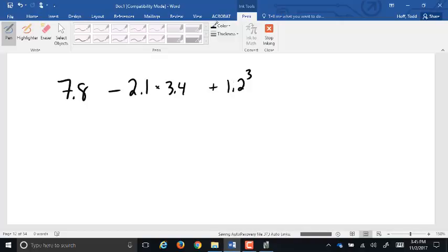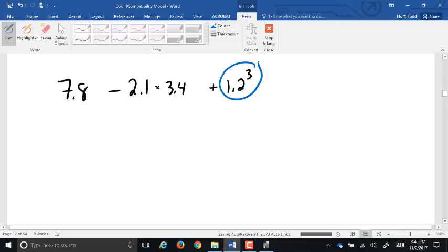Okay, excellent. We go through our order of operations. There are no enclosing symbols, so we don't worry about any parentheses. So exponents are the next thing on our list. What is 1.2 to the power of 3? Perfect, 1.728.